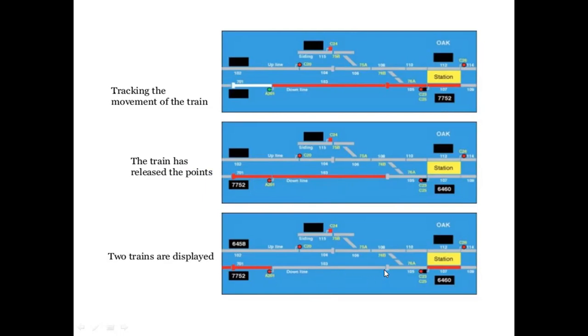Two trains are displayed here in this image, one nearer to the station and one behind it. So the two trains are displayed on the same track at distances which make it possible to clear the train. A stopping signal of red color has been displayed here and here.